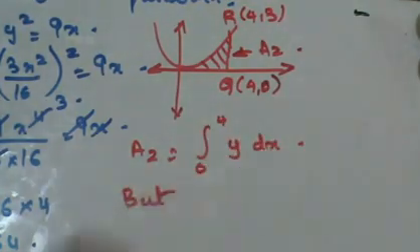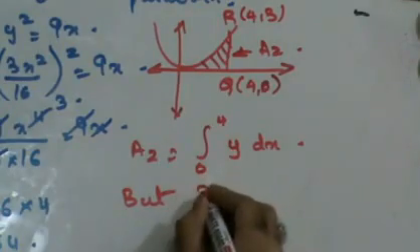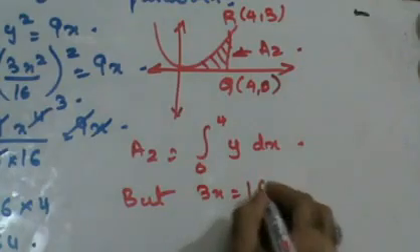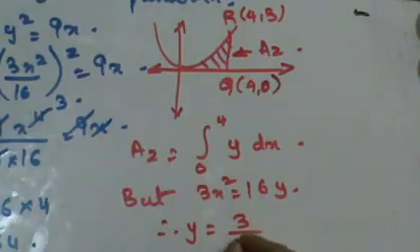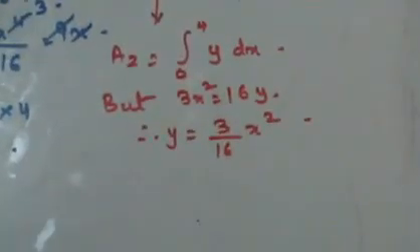but the equation of this parabola is 3x square is 16y, in which case y is 3 upon 16 x square.